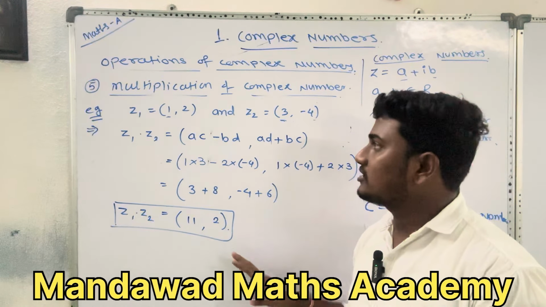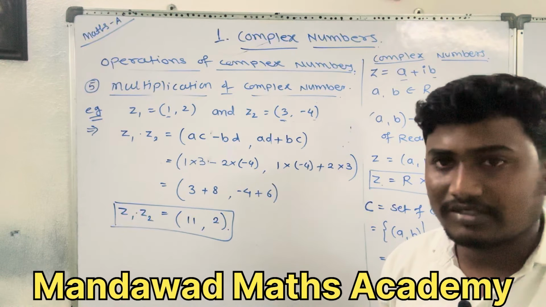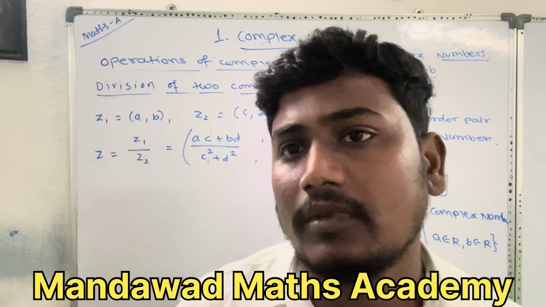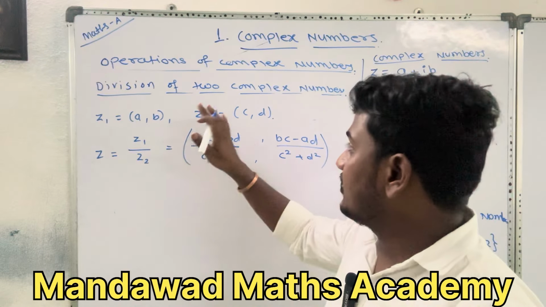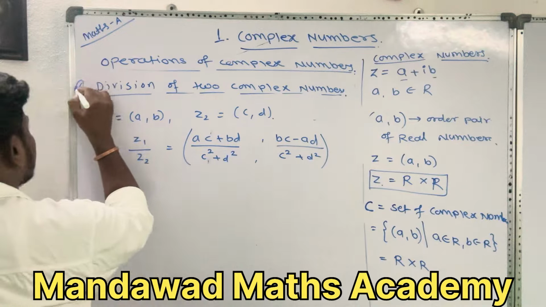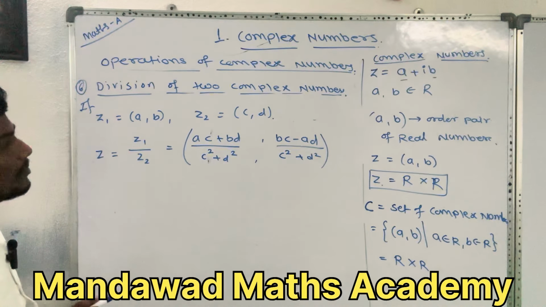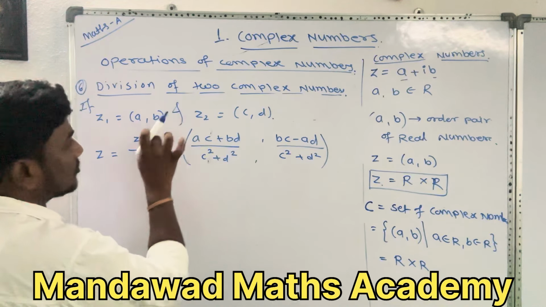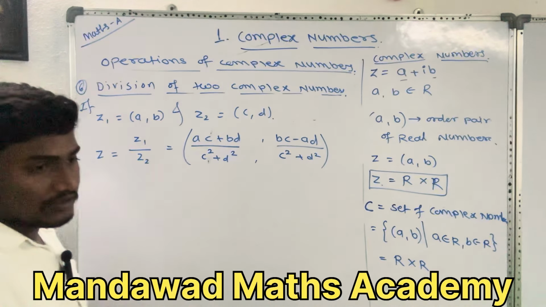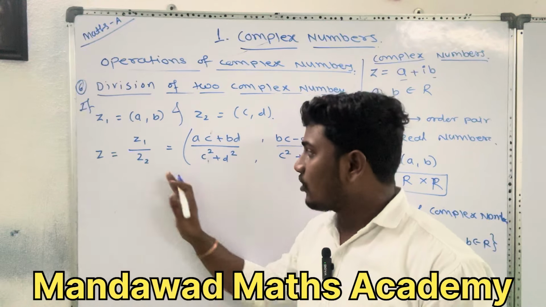This is the fifth operation. Next one, division of two complex numbers. For the division of two complex numbers, let us consider z1 is equal to a comma b and z2 equal to c comma d, then z1 divided by z2 is again one complex number.